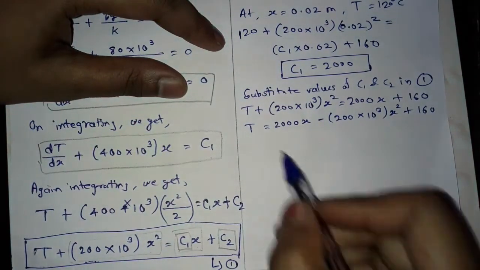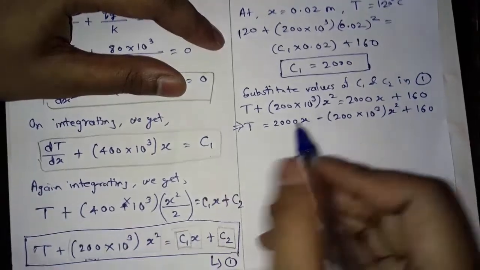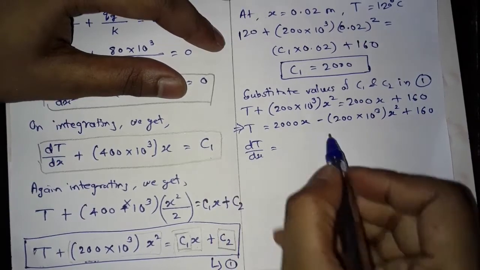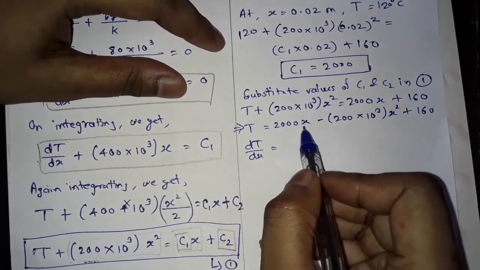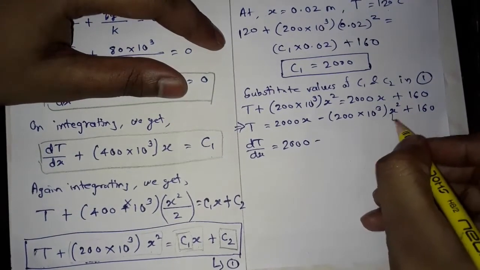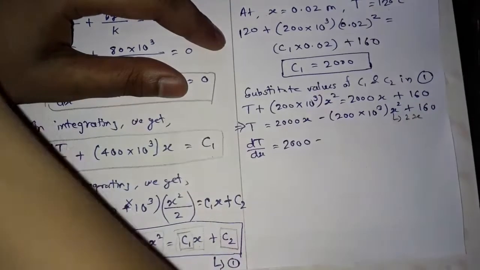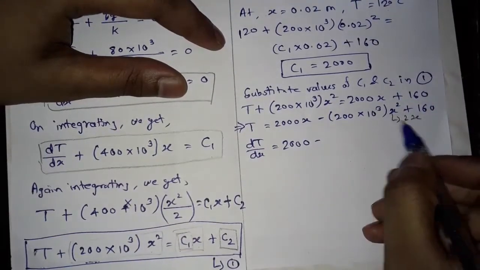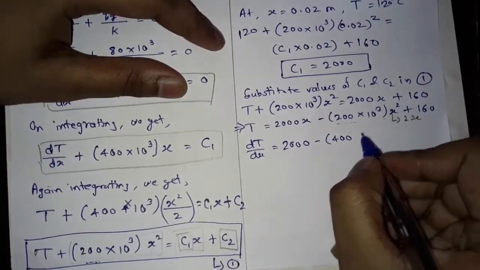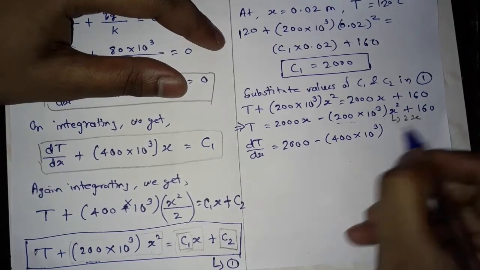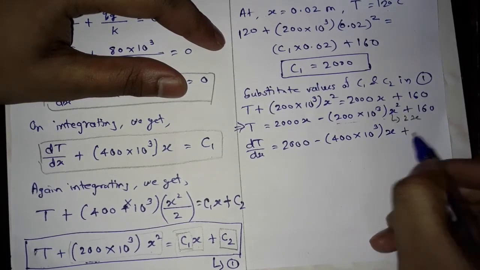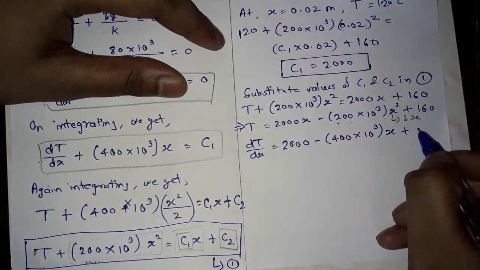Now let's differentiate this term. So here we will get dT upon dx is equal to 2000, since the derivative of x is 1, minus, the derivative of x square is 2x, so we multiply this 2 with this term, and we get 400 into 10 cube x, and the derivative of this number is 0.